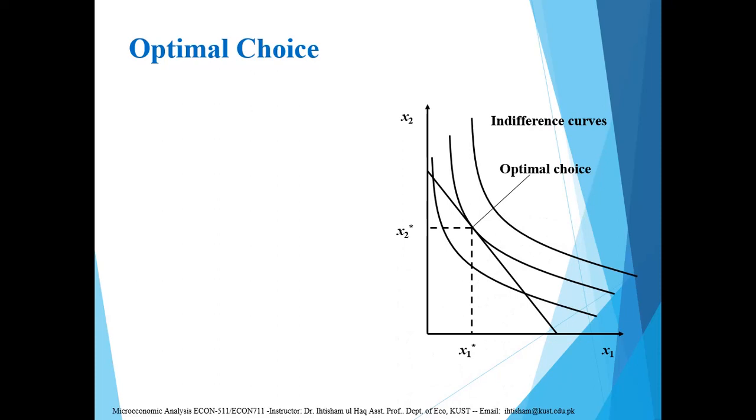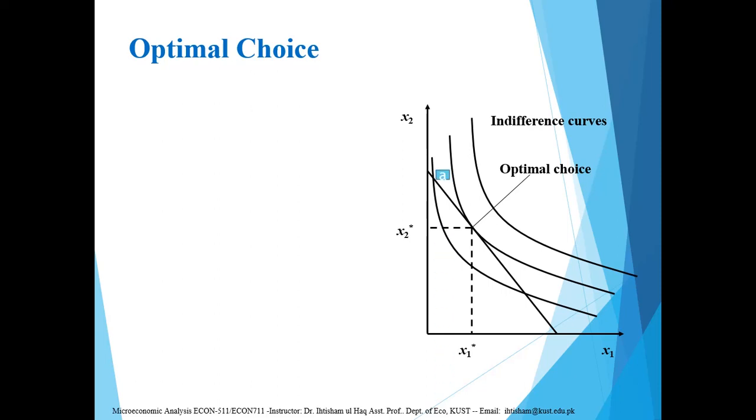So the optimal choice or consumer equilibrium takes place where the indifference curve is just tangent to the budget line. Why? For that we have to consider other points that our consumer can consume with the available budget.